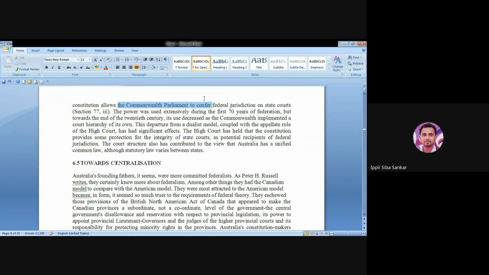Commonwealth Parliament to confer federal jurisdiction on state courts. Section 77(iii).